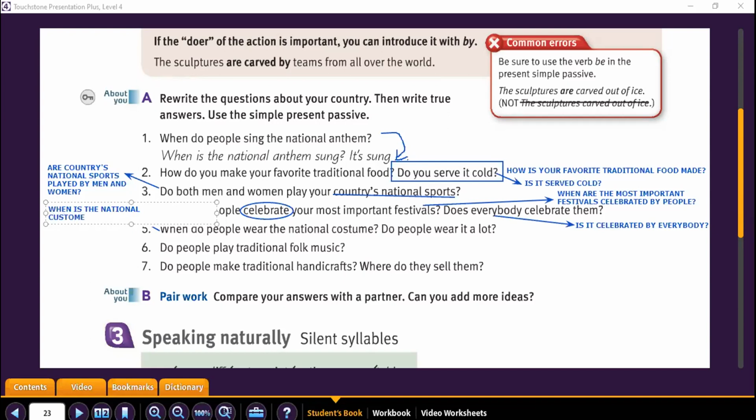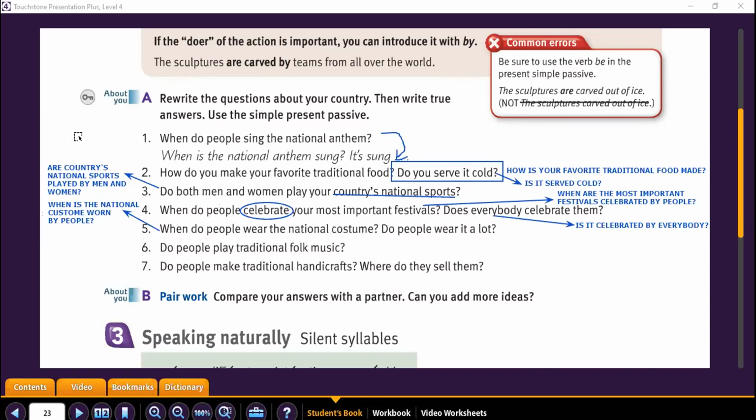Ok. El verbo, vamos al verbo en pasado participio. Worn. By people, very good. Excellent, ladies. So, when is the national costume worn by people? ¿Cuándo se lleva o cuándo es el traje nacional llevado o usado por la gente, ¿no?